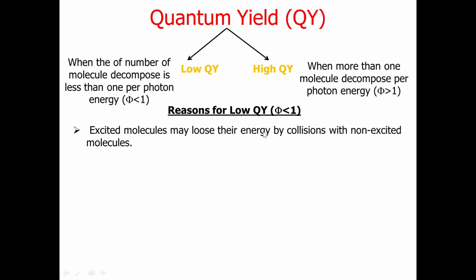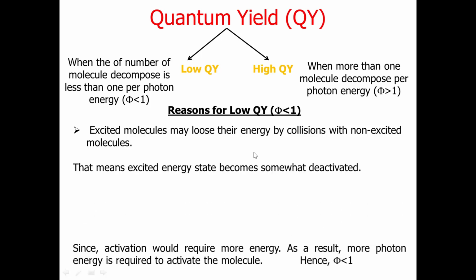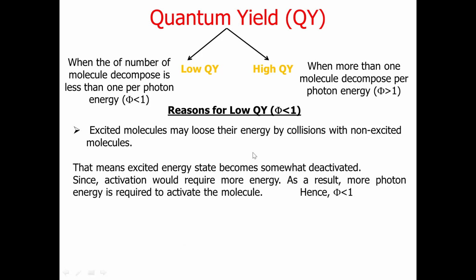Once the molecule reaches the excited state, what happens? In the excited state, the molecule loses its energy by collision with non-excited molecules. That means the excited state becomes somewhat deactivated, since activation would require more energy.